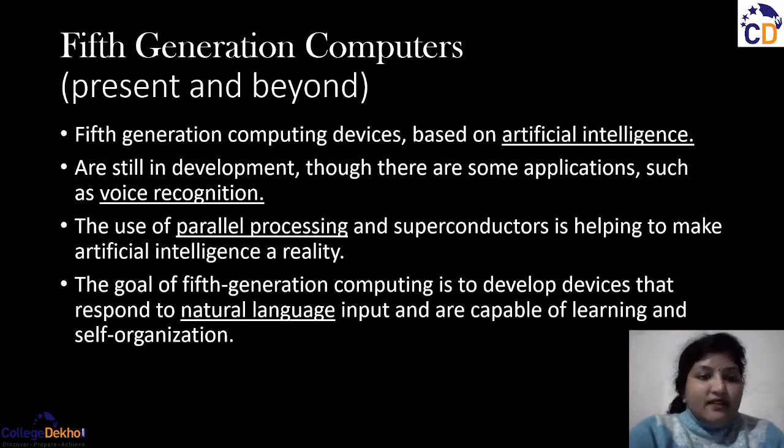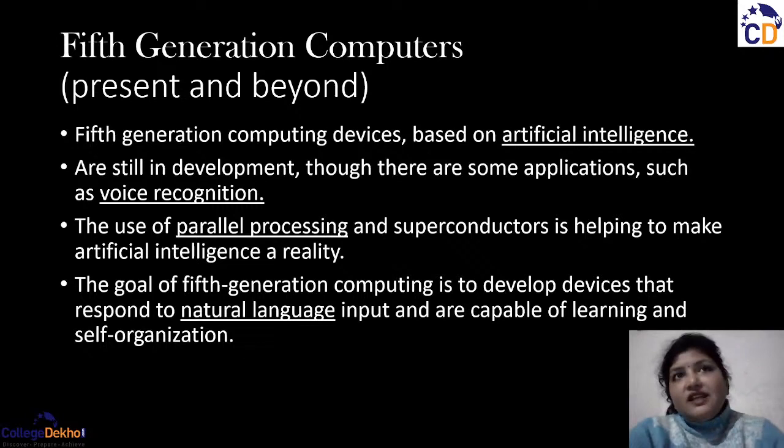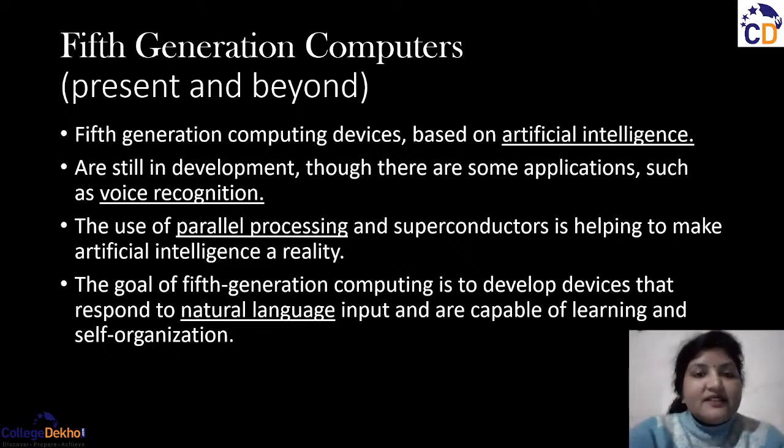Now across all these generations, have you seen the growth in the technology, in the software and in the hardware? Vacuum tubes to transistors, transistors to ICs, ICs to LSIs, LSIs to VLSIs. Now how it has changed.